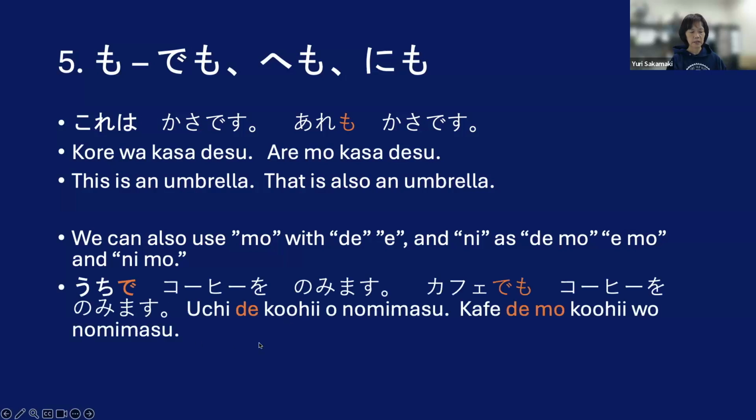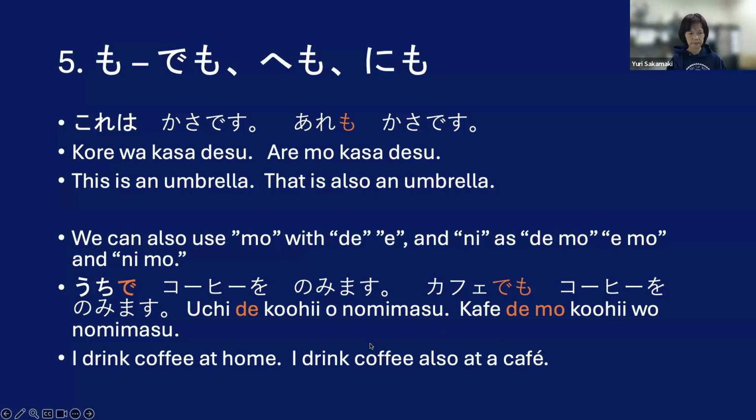So it's like this. うちでコーヒーを飲みます。So at home, I drink coffee. カフェでもコーヒーを飲みます。I also drink coffee at a cafe. So not just at home, but also in the cafe. So when you want to say that, these 2 sentences link together.